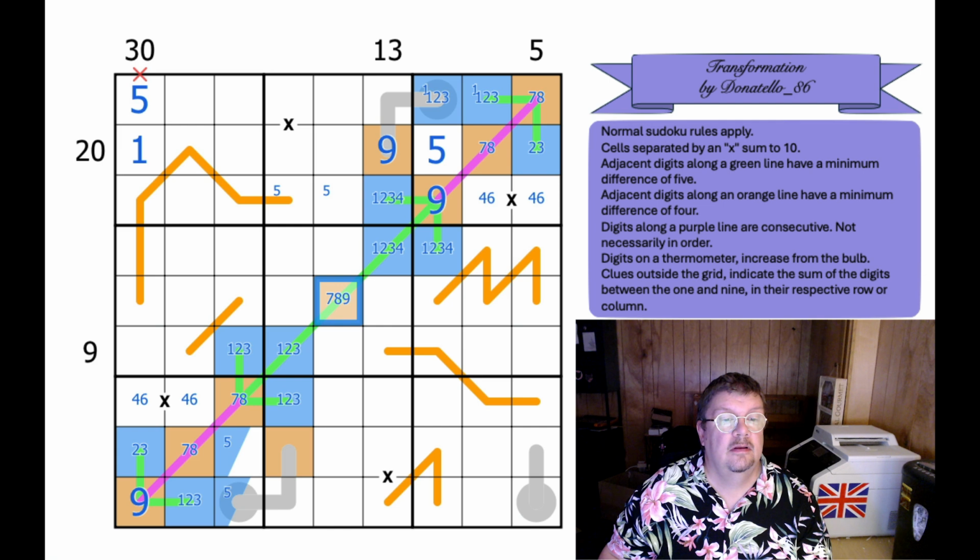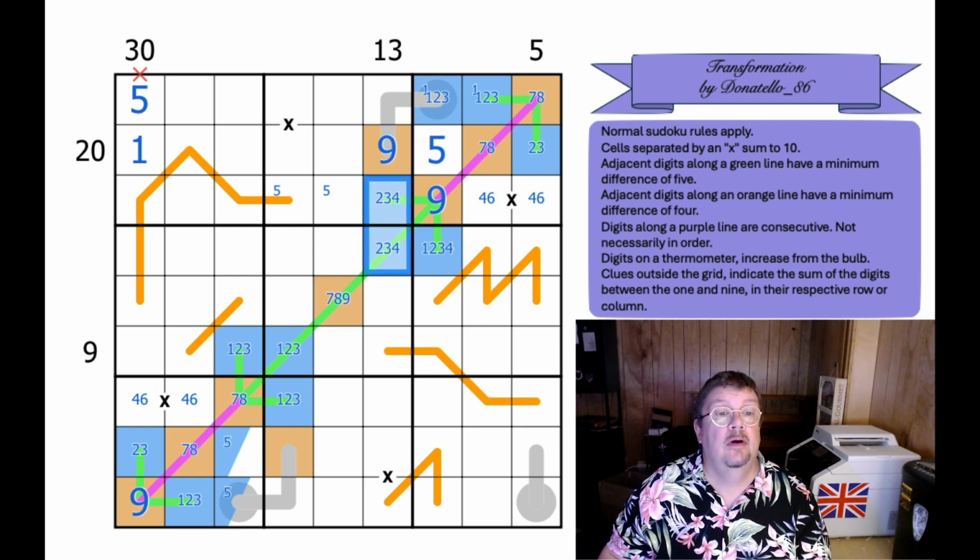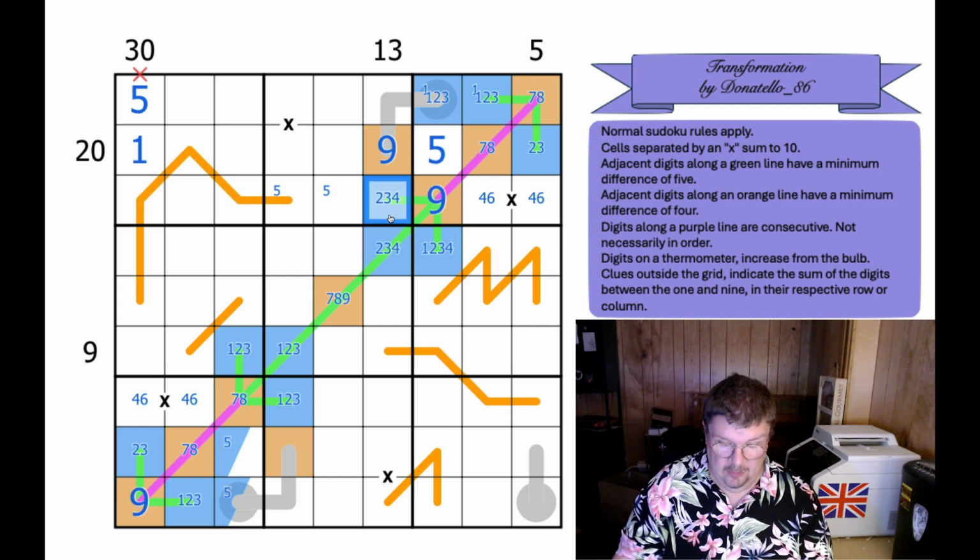All right. Here we go. This 13 clue, this 9 means that neither of those can be a 1. In fact, this 4, 6 means that that's not a 4.